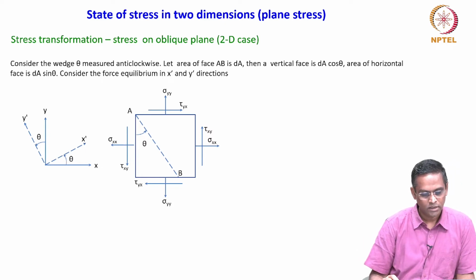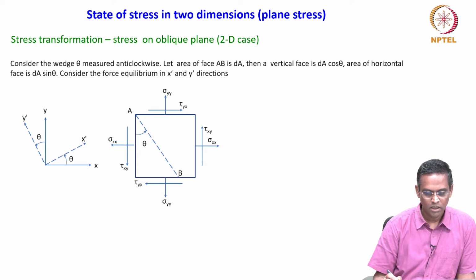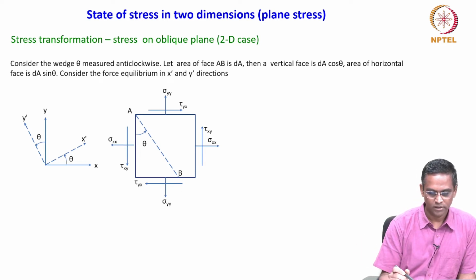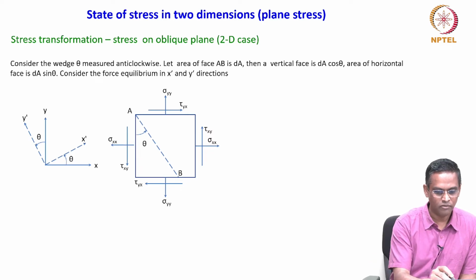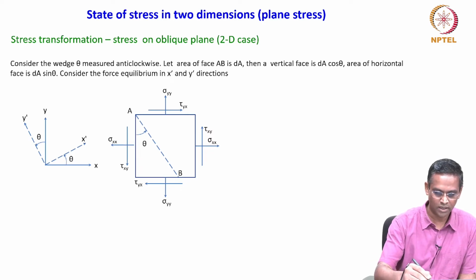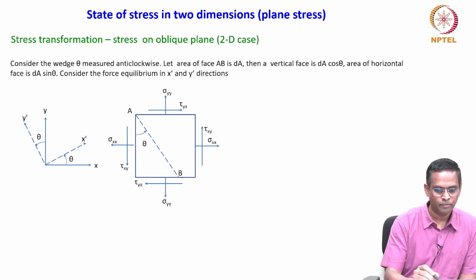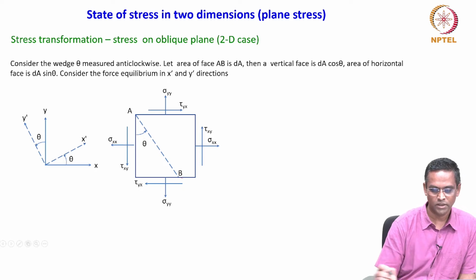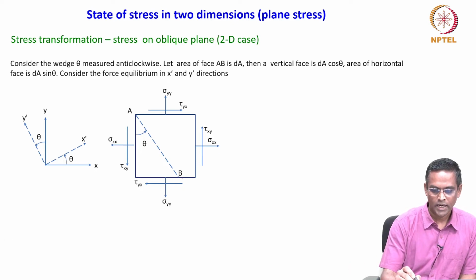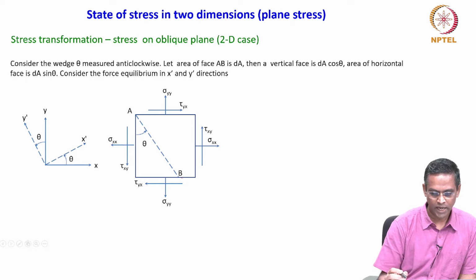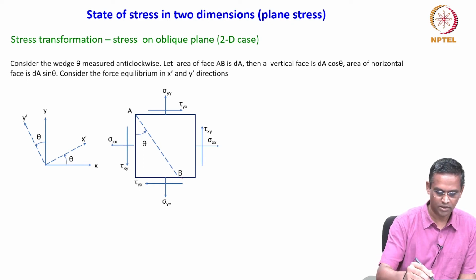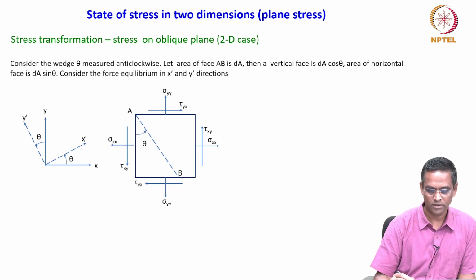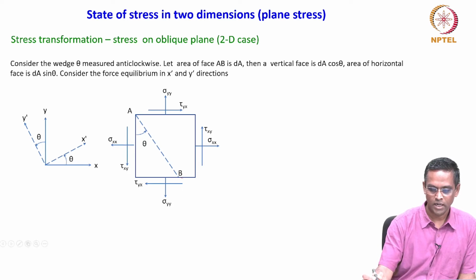So, in order to describe this state of stress, let us consider the wedge. So, we are going to cut a wedge which is denoted by the dotted line here, measured anti-clockwise. This is measured anti-clockwise, because this is what the rotation is. So, it should be anti-clockwise. Let the area of face AB be dA. So, the vertical face is dA cos theta.